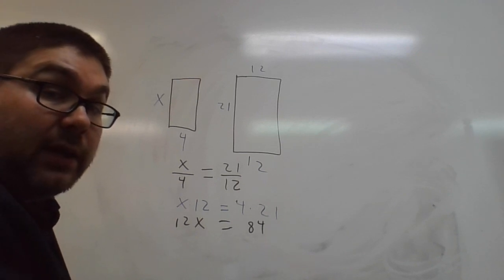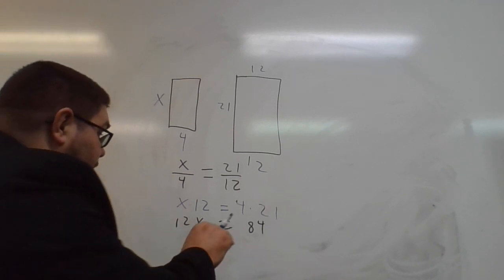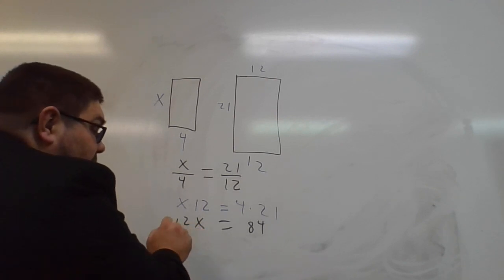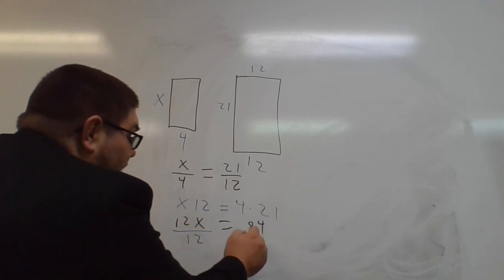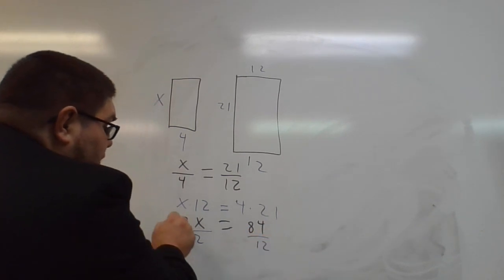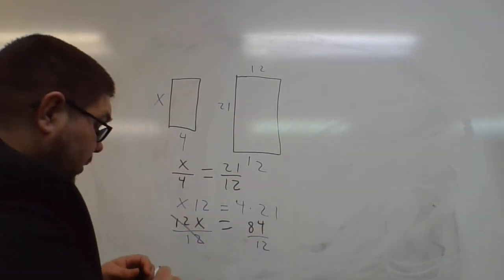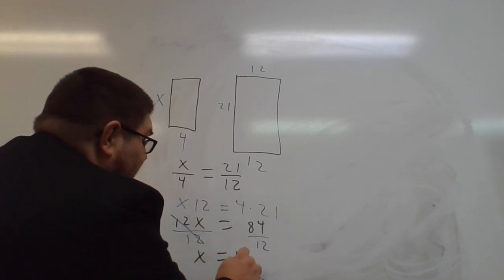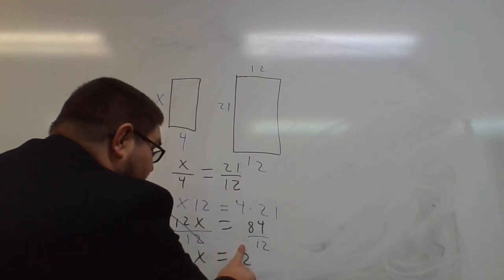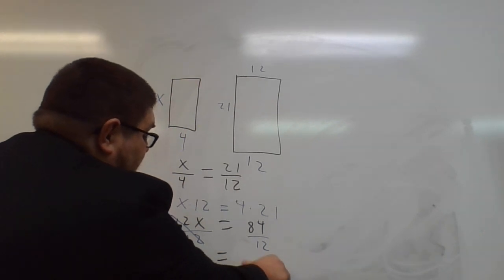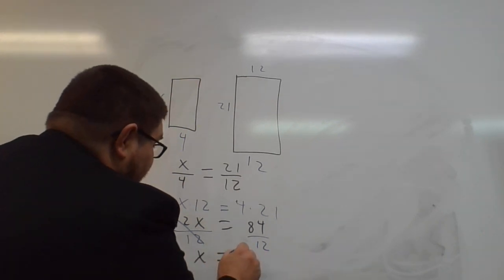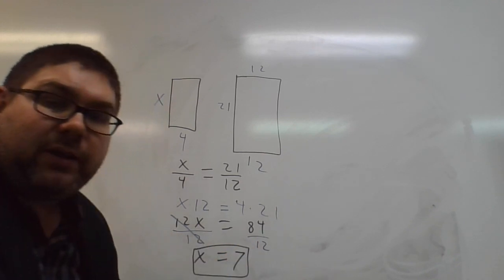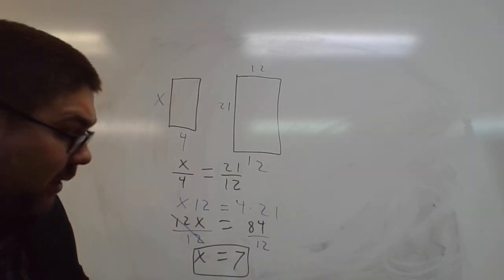Now we have 12 times x, so we do the opposite operation, which is to divide. And we get x equals 7. 84 divided by 12 is 7, not 12. I was adding the previous 12 instead of 7. Anyway, the answer is x equals 7.